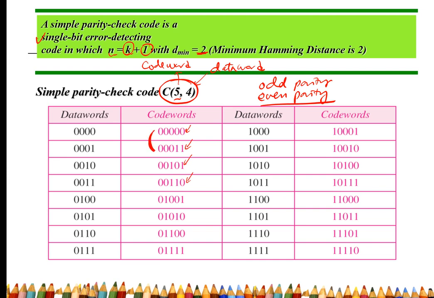For example, in these two cases, only these 2 bits are different, right? So we say the Hamming distance equals 2. How about the other, like this one? This one has the same digits, but these two differ. So we say this Hamming distance is 2. So the simple parity check code is actually adding 1 extra bit for error detection, and the Hamming distance is 2.